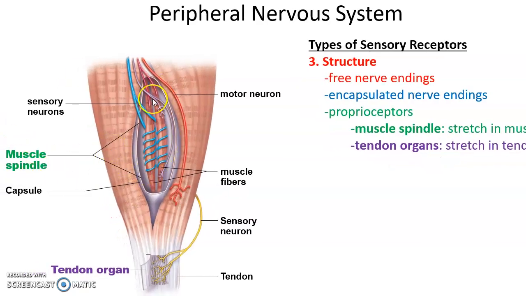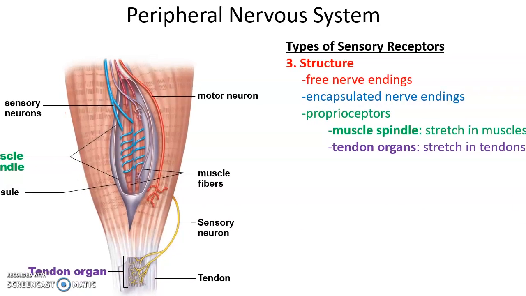So muscle spindles are actually isolated individual skeletal muscle cells that are wrapped around by connective tissue, and it is the stretch in these specific muscle cells that is the stimulus for the information getting sent to the brain. And then tendon organs are basically nerve endings found in tendons and ligaments, and when the tendons and ligaments get stretched, it causes a shape change in the dendrites of the sensory neurons, generating the signal.